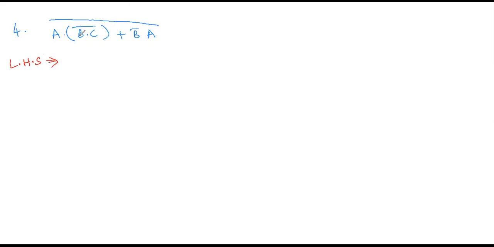Not LHS, because here LHS is not given. This is one expression. So now we are having product, bracket, addition, and all those things. In this case, first give the priority to the bracket. In the bracket, what are we having?